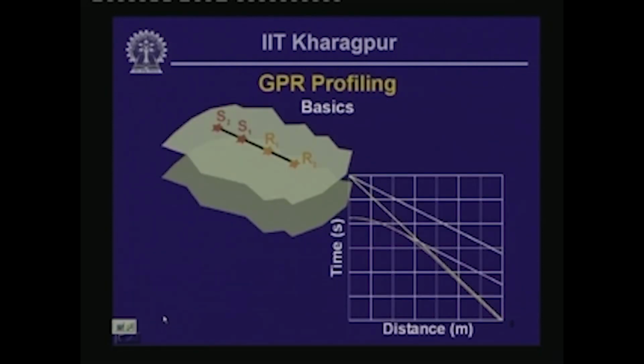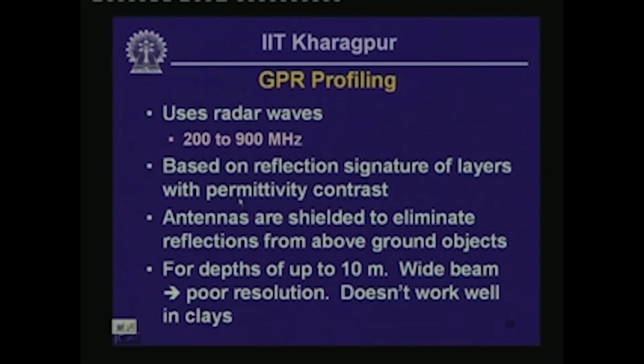Okay, GPR profiling is also very similar to the seismic velocity profiling, but in this case typically we make use of reflection only, not refraction. In this case we have a source of radar waves S1, and a detector called R1.